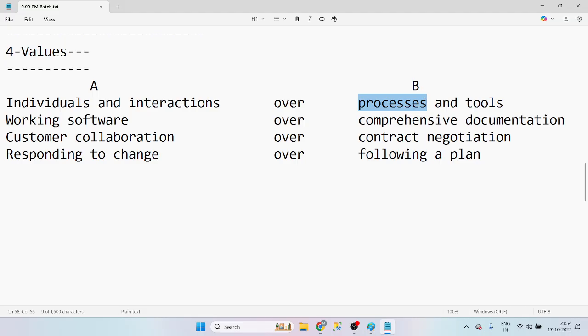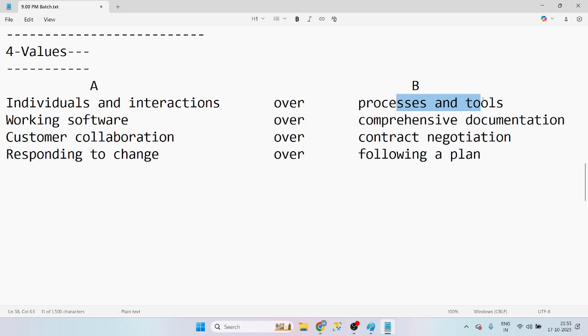But here, we are giving more priority to the people than the tools. If the tools are there, but the working person is not there, where are we going to keep this process and tools? Am I right or wrong? If someone is there to work, then only we have the process.